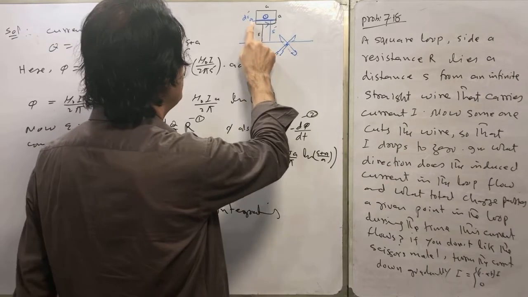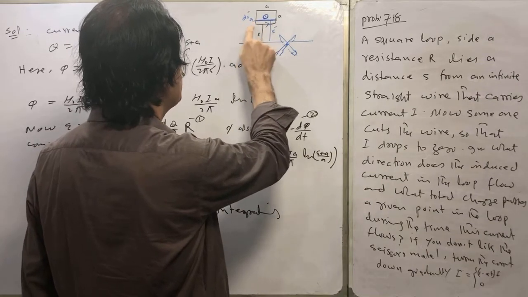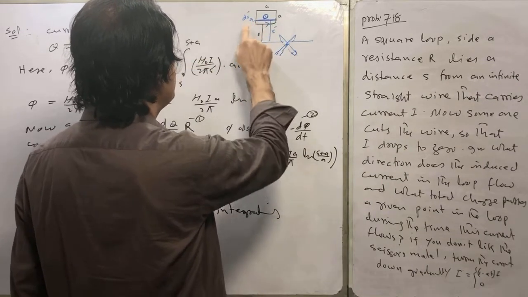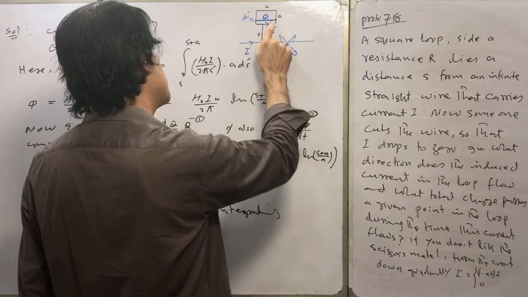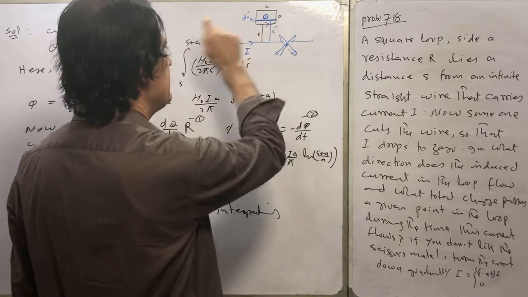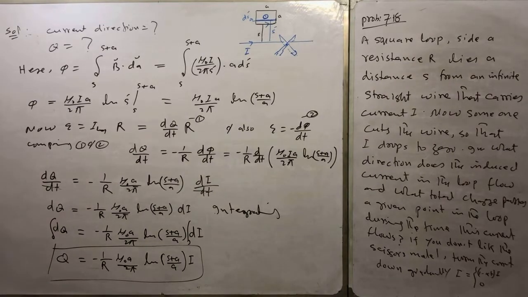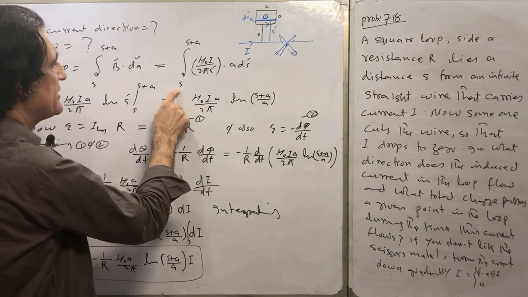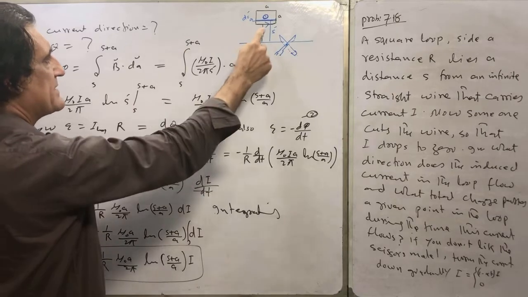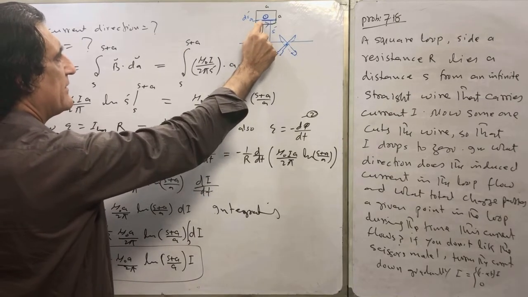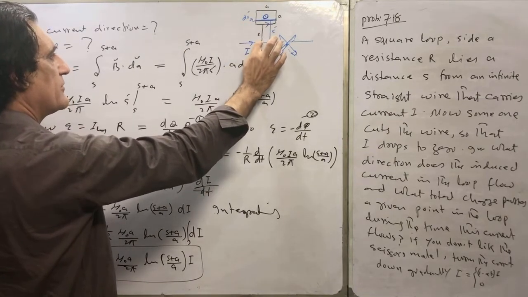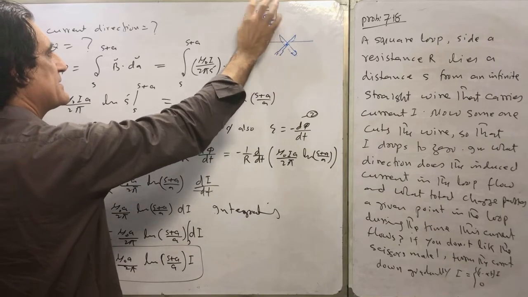Here we also consider a small stick, a strip at a distance s prime with small width ds prime. Then the integration is from s to s plus a.